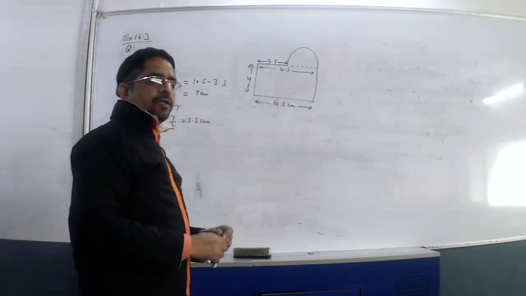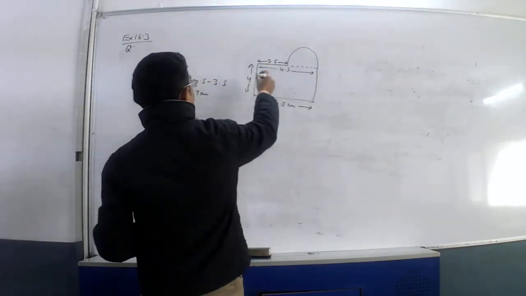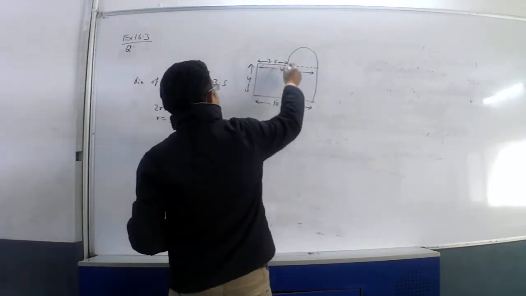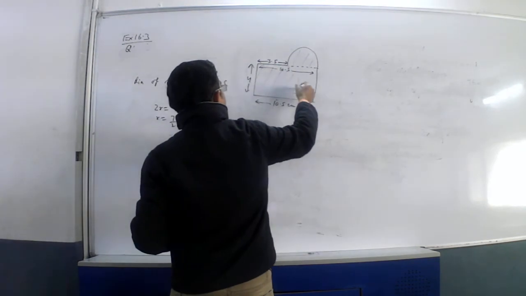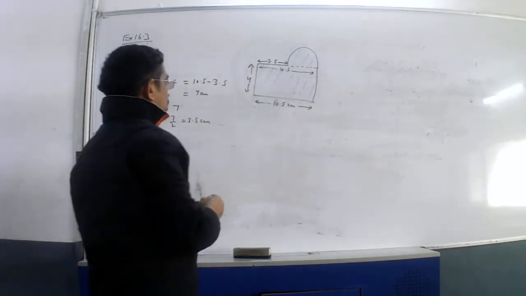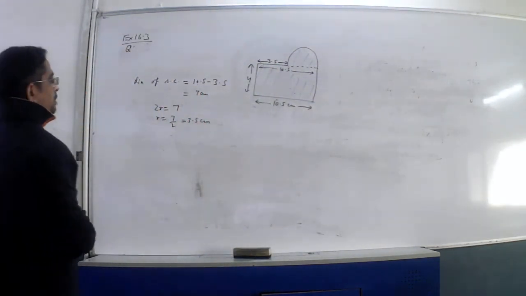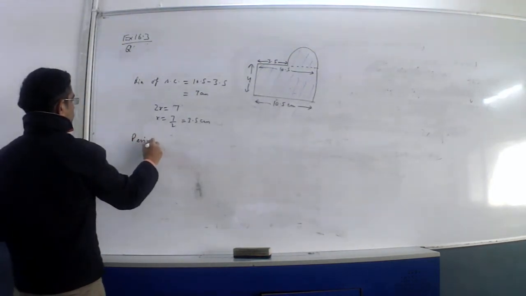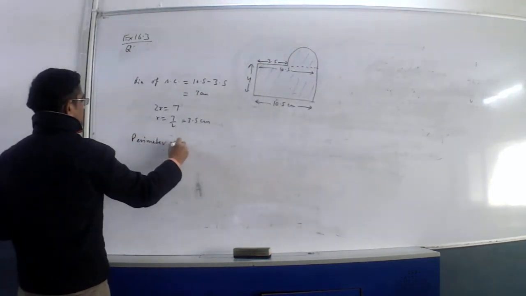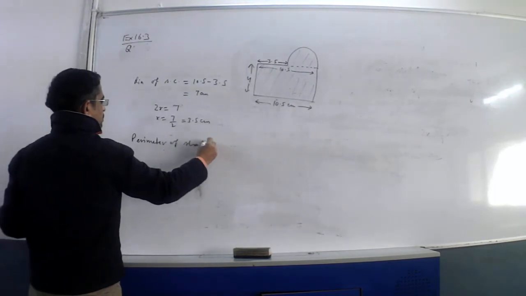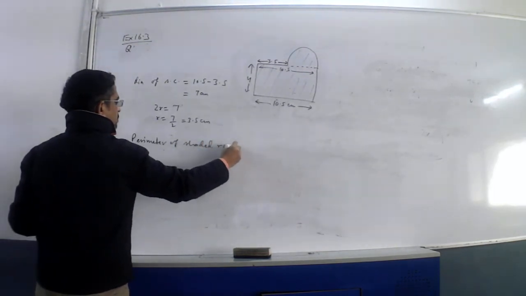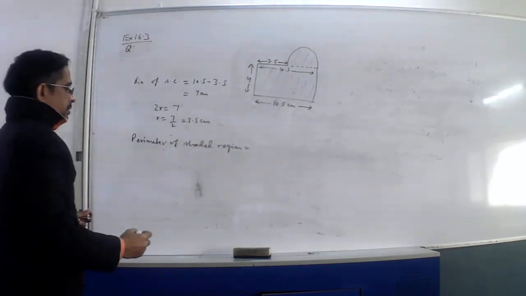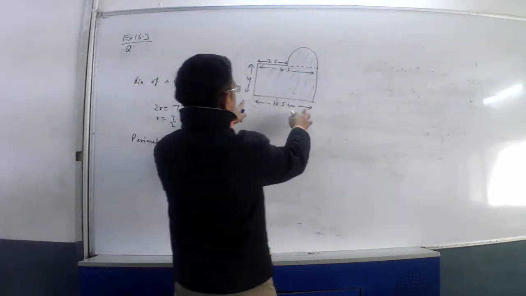Now you have to find the perimeter and area of the shaded region. So let us first find the perimeter of the shaded region. The perimeter of the shaded region is 10.5.